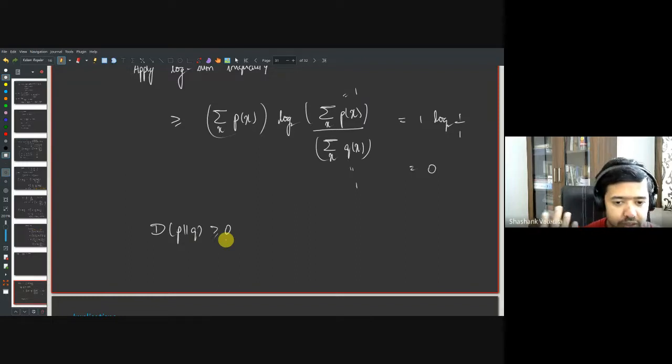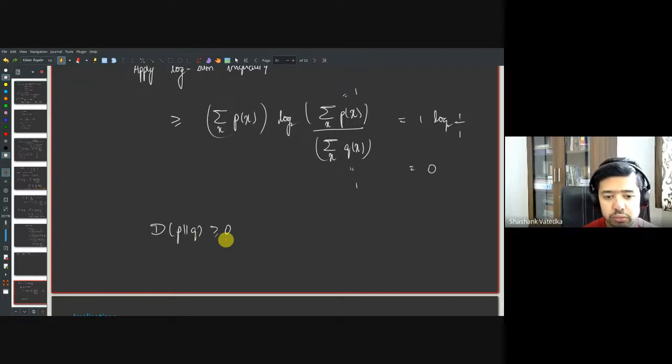That's natural, since the KL divergence, as we saw, is a measure of distance between distributions. So obviously we should expect it to be non-negative, right?